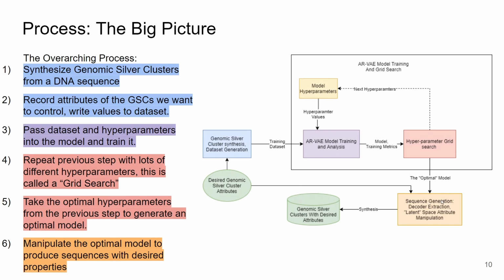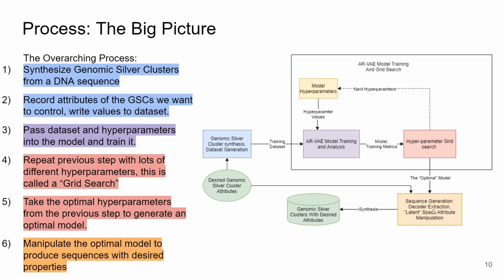Once we get a model that is good, we can take the decoder out, which is what converts the attributes to a sequence, and then we are able to essentially manipulate whatever attributes we want, and hopefully it will spit out a sequence that gives us the real-life properties that we desire, right?